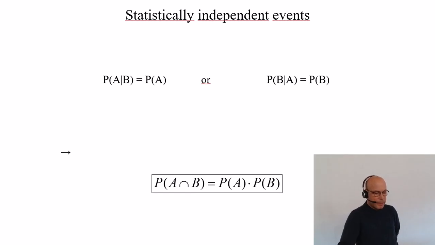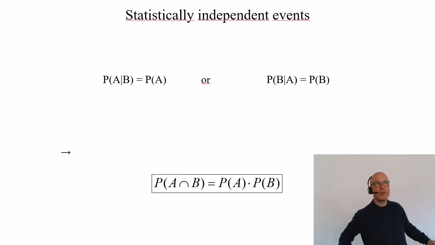So, and then we want in the end today also come to our statistically independent events, and from this we can then calculate the so-called total probability.